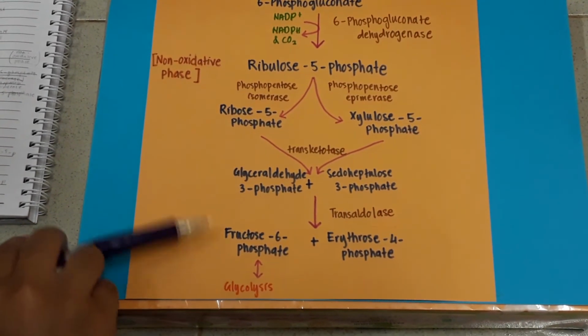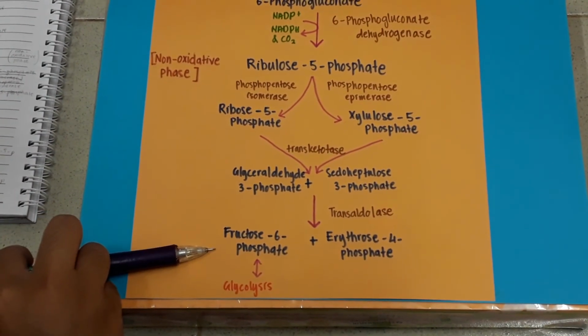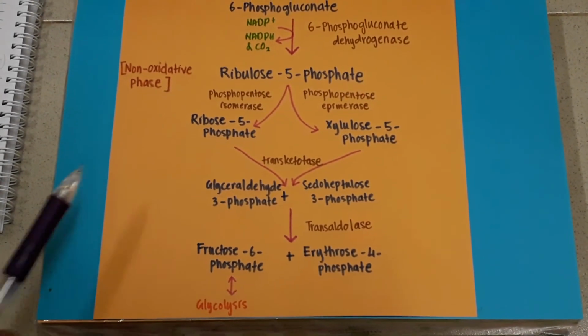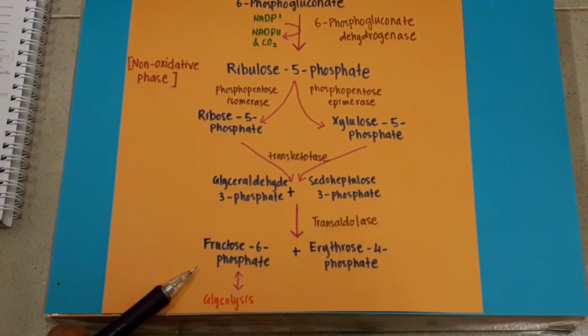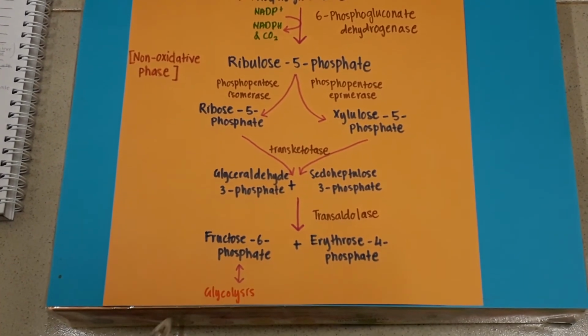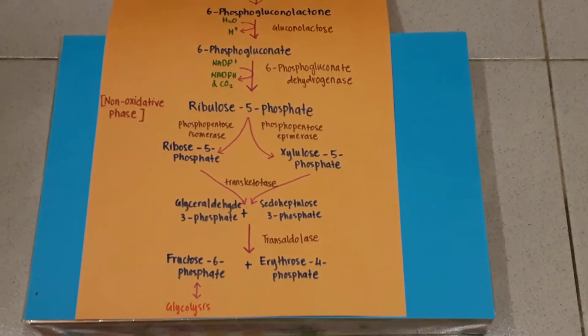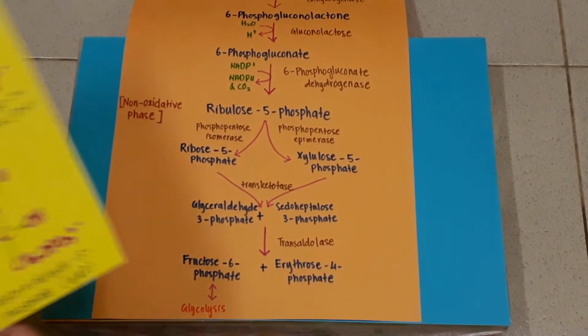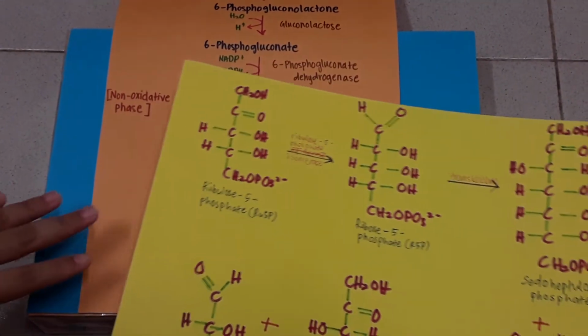The glyceraldehyde 3-phosphate and the fructose 6-phosphate can go directly to the glycolysis process. As we show you, this is the pathway for the non-oxidative phase.